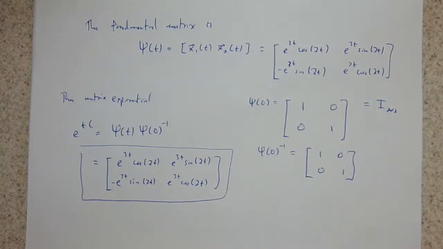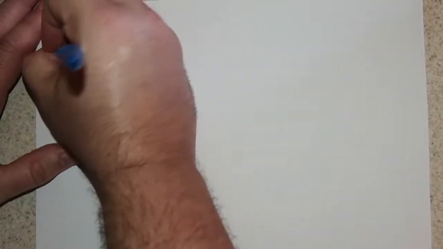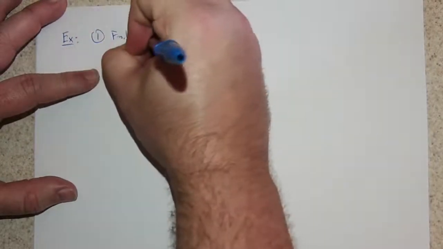So that's that for that example. Now, let's do our last example and construct the matrix exponential for it, and then we will be done with this. So, last example. One, find the general solution.